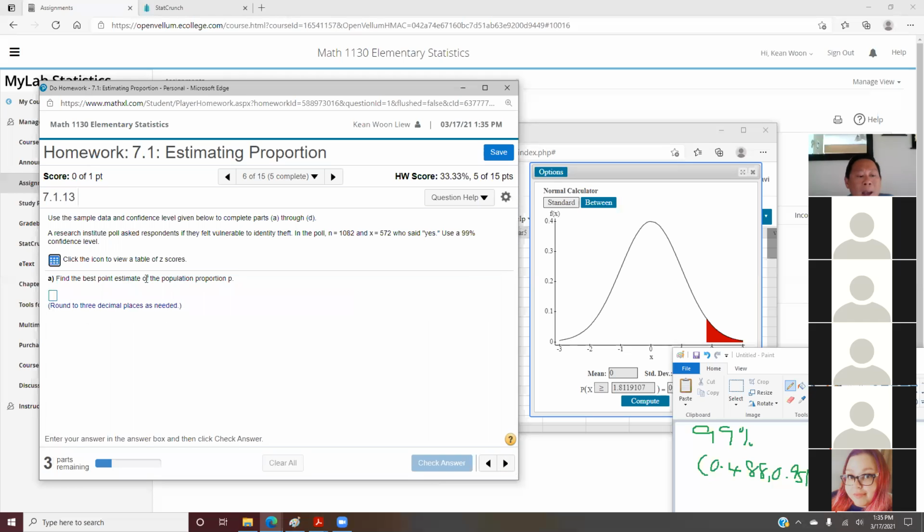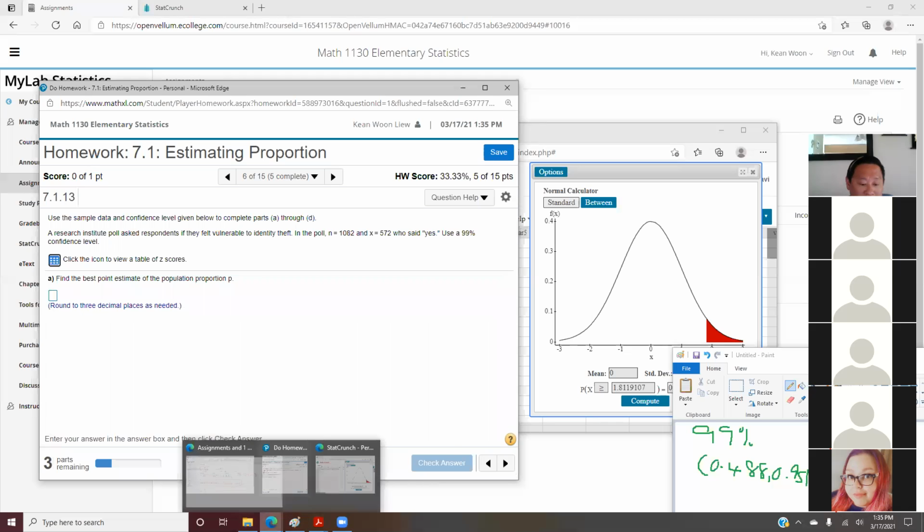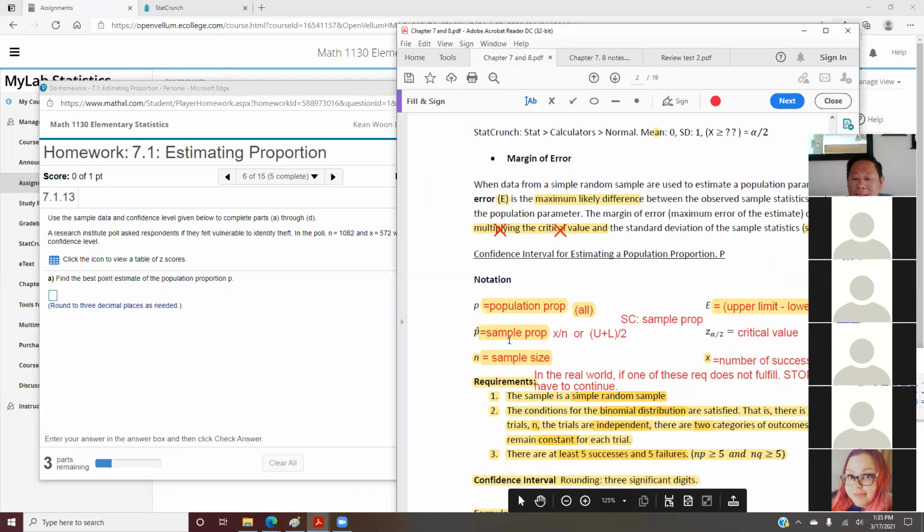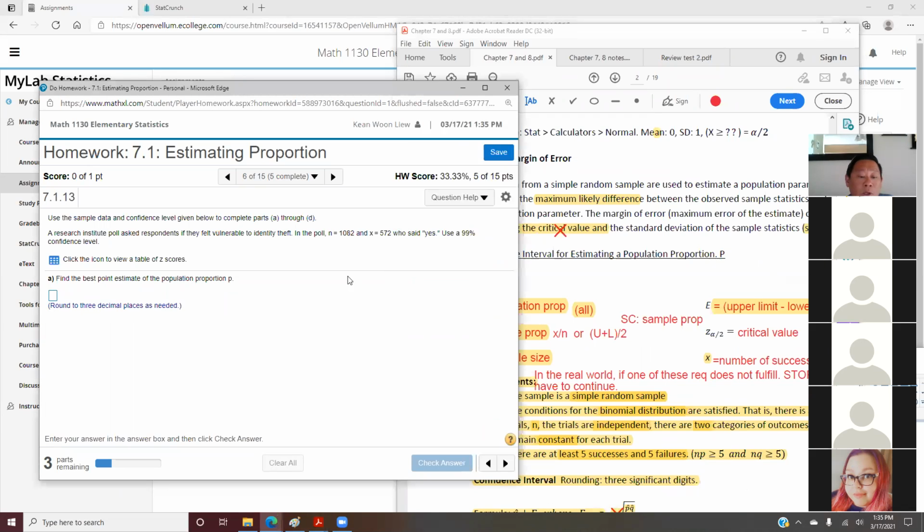So what is the best point estimate? So how do we calculate your best point estimate? In order to calculate the best point estimate, which is the sample proportion, you have to take X divided by N. And they want it in decimals.